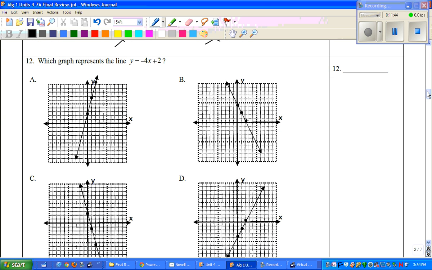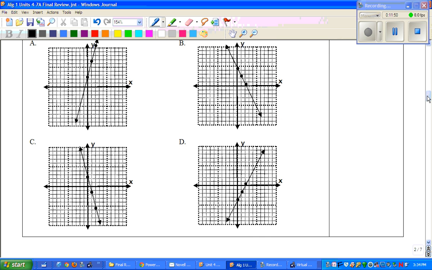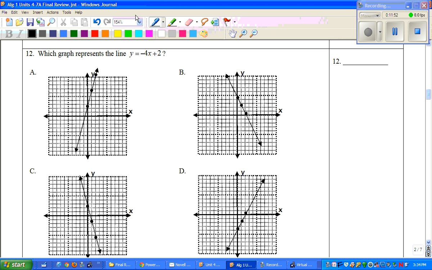All right, number 12. Which graph represents the line y equals negative 4x plus 2? Okay, so when I do a problem like this, right away I'm going to write down that my slope is negative 4 and my y-intercept is (0, 2).